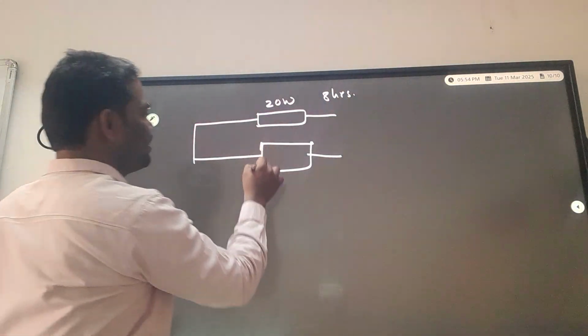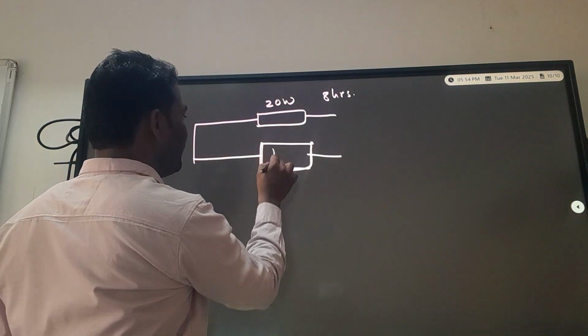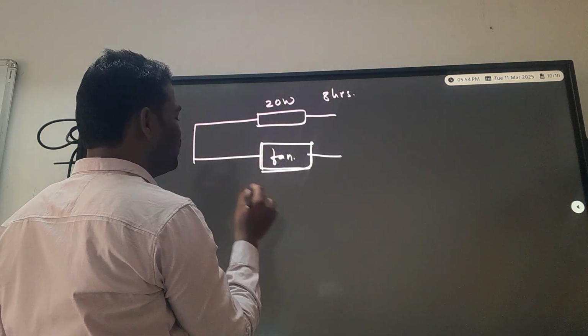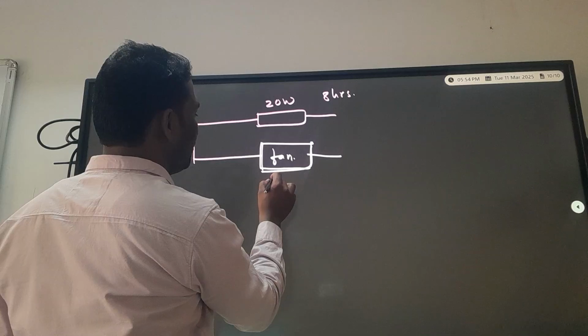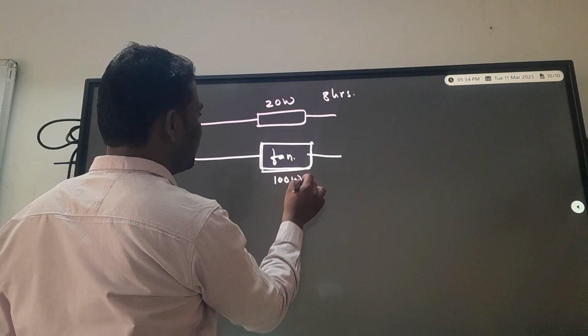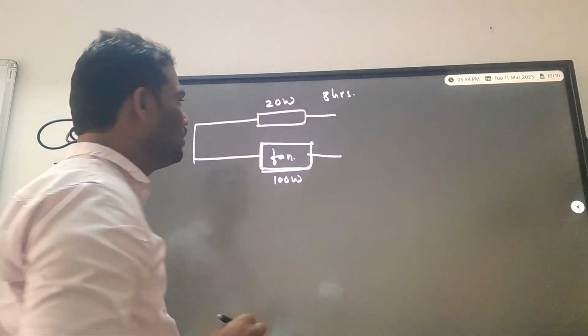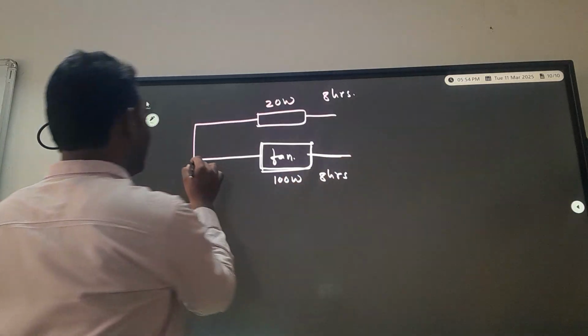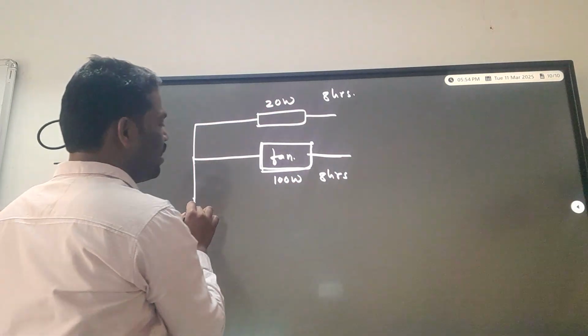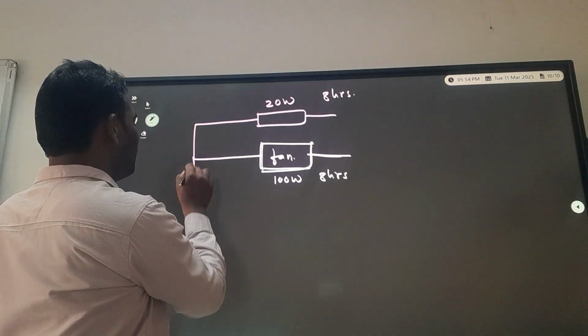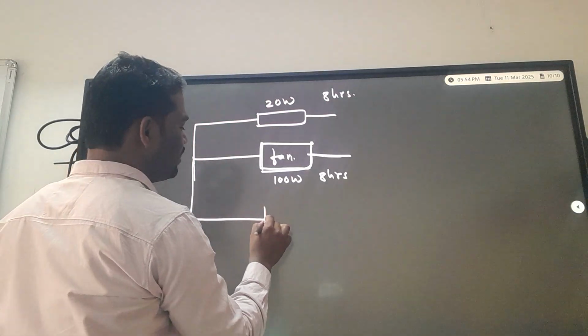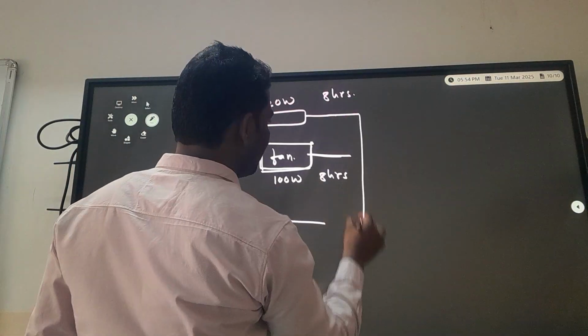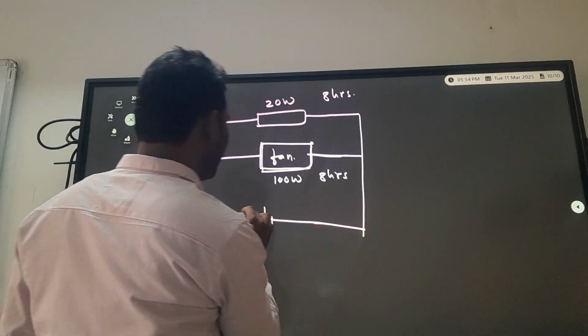Another, if we have a fan, a 100 watt fan, and we are using the fan again for 8 hours. So what is the electricity bill that we have to calculate? For these two appliances, suppose we have to calculate the electricity bill, then simply we can calculate.